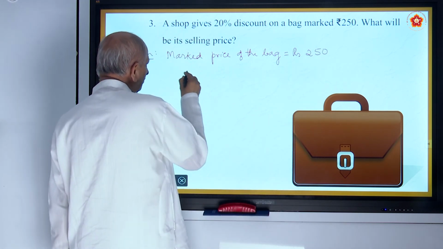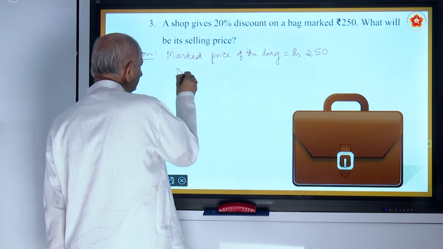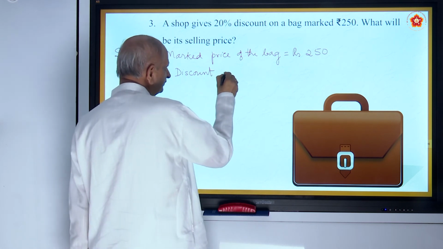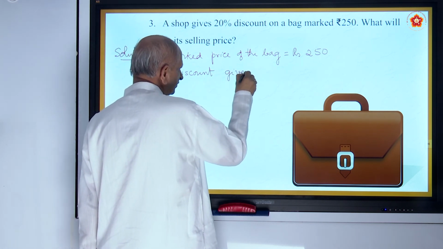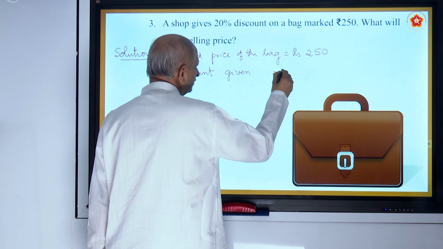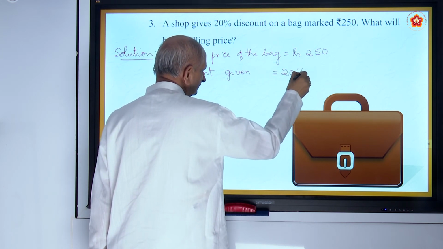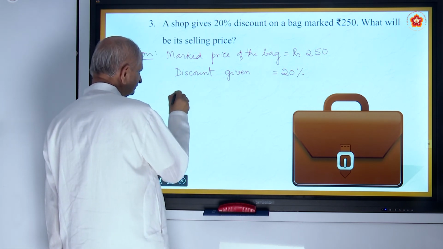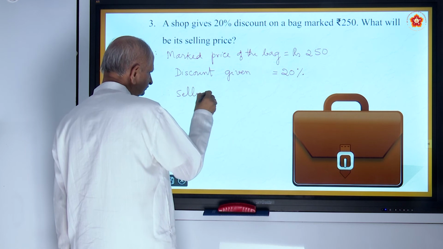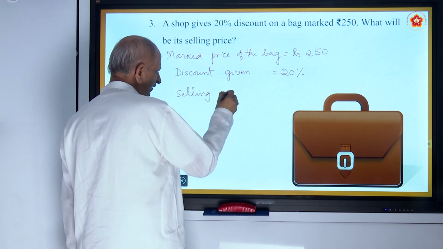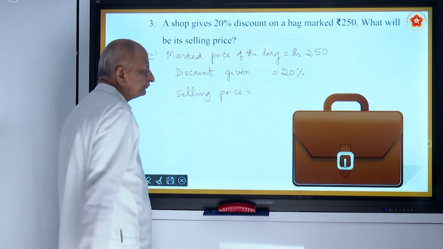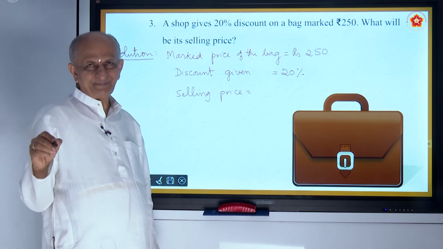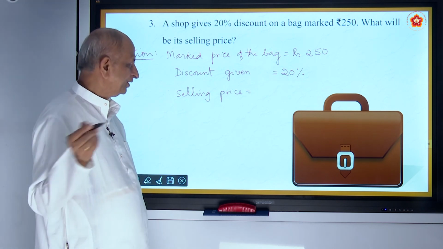So discount given is 20%. They are asking what is its selling price. How to find out selling price? Selling price means market price minus discount.